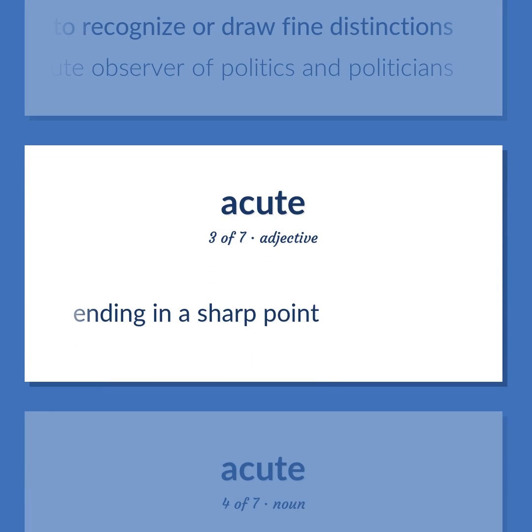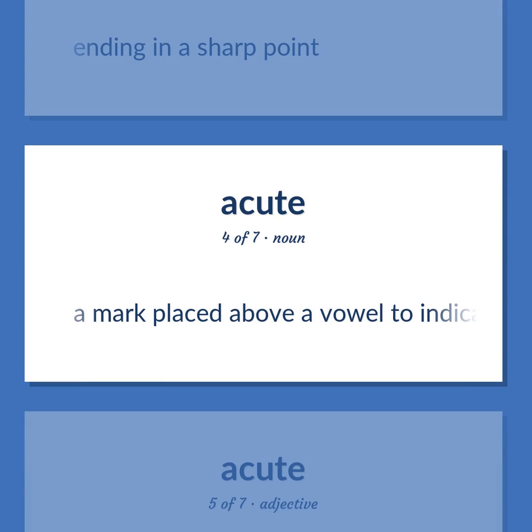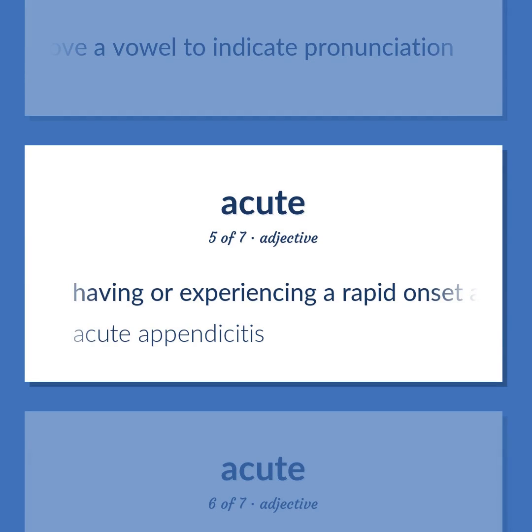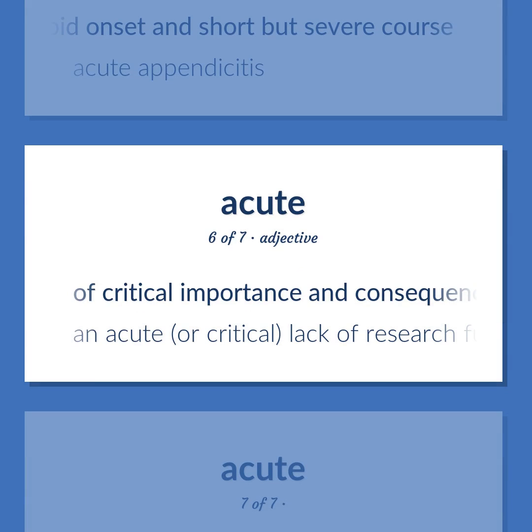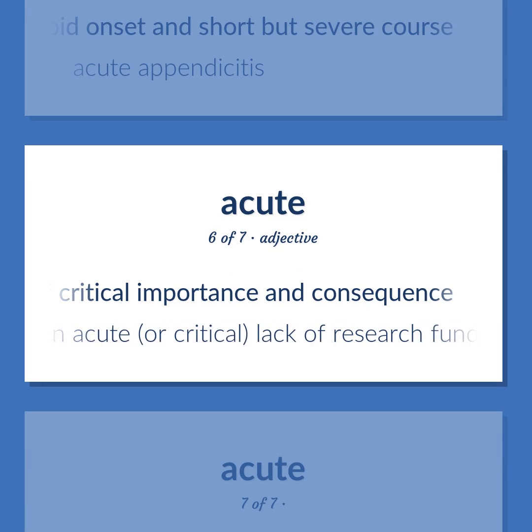Ending in a sharp point. A mark placed above a vowel to indicate pronunciation. Having or experiencing a rapid onset and short but severe course. Acute appendicitis. Of critical importance and consequence. An acute, or critical, lack of research funds.